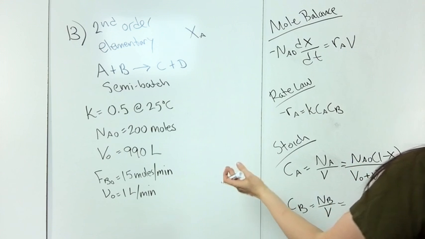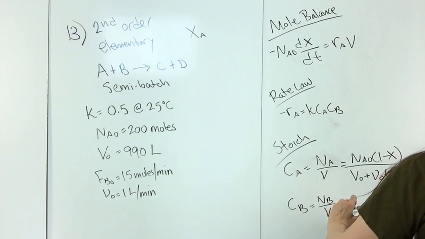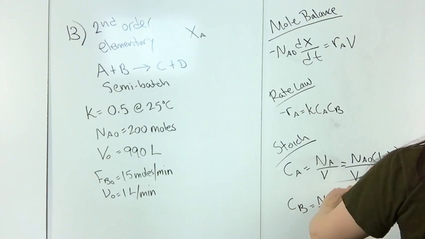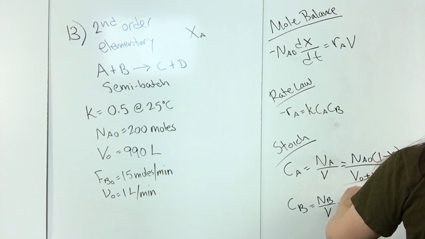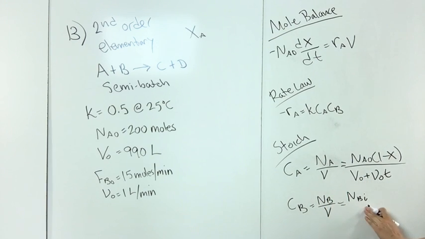Also, I would write the equation NB is equal to NBI, so whatever's in there initially. In this case we know initially this is 0, but I would write it down anyway, because what if there was some in there initially?